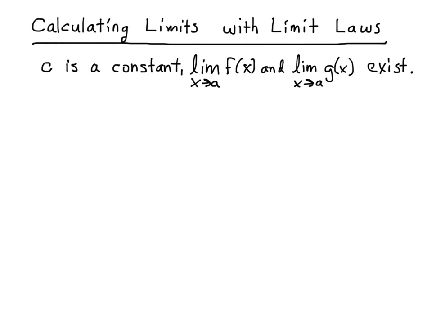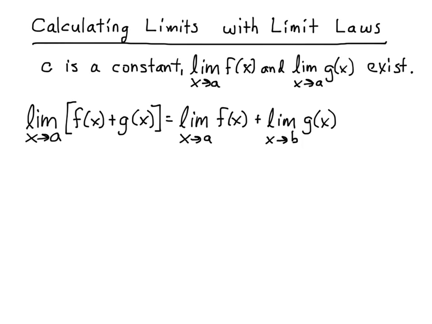You have some cases where limits, like I drew on the board, don't exist. But if these limits exist, we're going to say that we can add two functions and take the limits of these things separately, and we get the same limit. So in other words, if the limit of f at x as x goes to a is a certain value, and the limit of g at x as x goes to a is another value. Let me see if I corrected that. Yeah, there's a correction I have to make here.